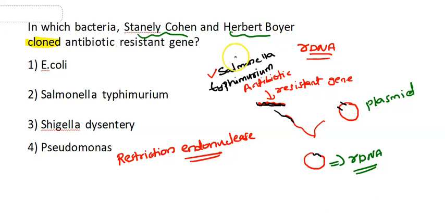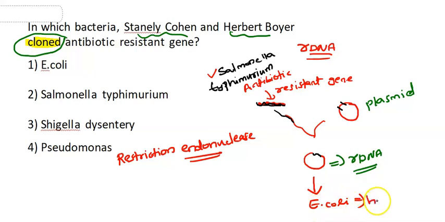Then coming to our question. In the question they asked, in which bacteria Stanley Cohen and Herbert Boyer cloned. Where did cloning happen? That is the question. So this rDNA will be transferred into E. coli bacteria.